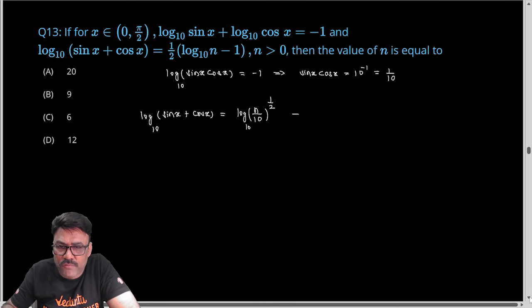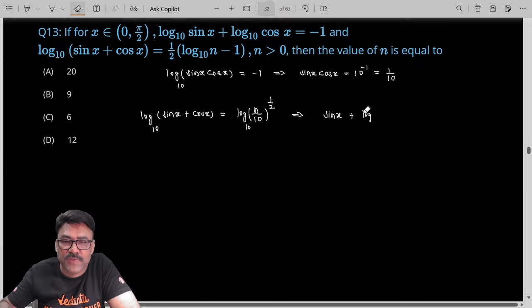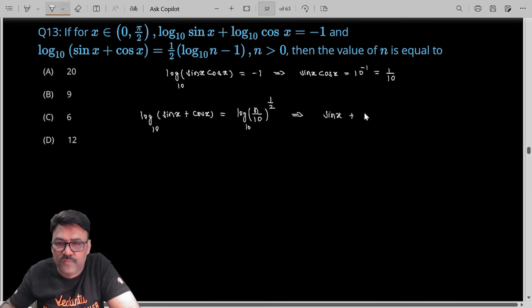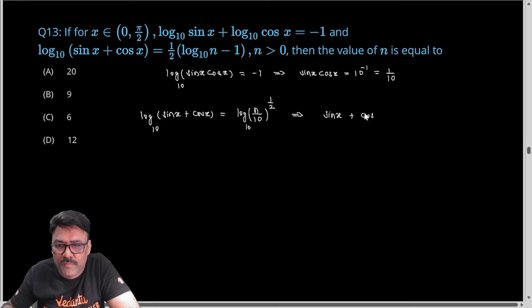So now I can remove log from both sides. So if I remove log from both sides, I will get sin x plus cos x, and on the right side, I have n by 10 raised to half.